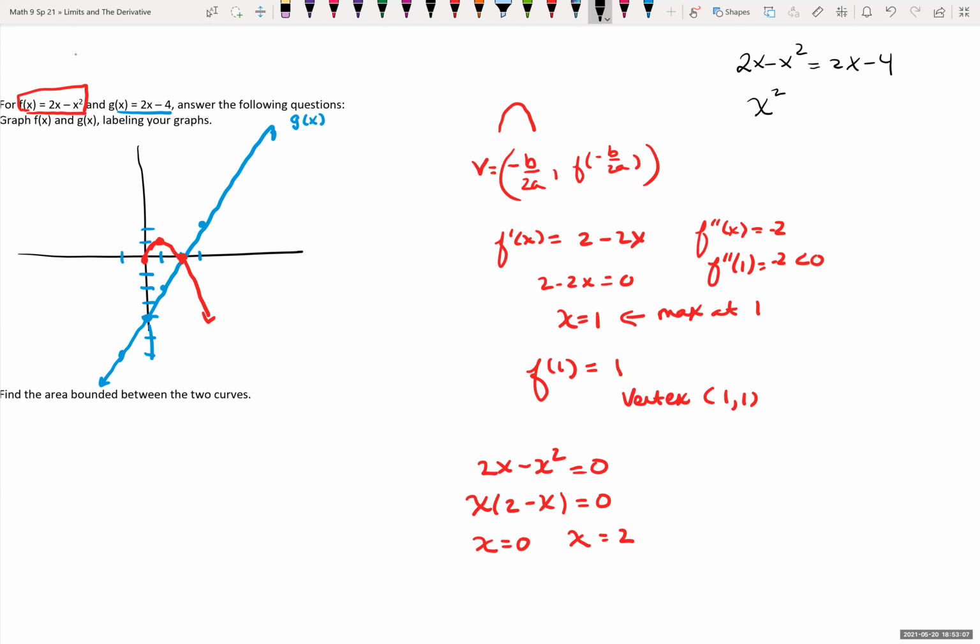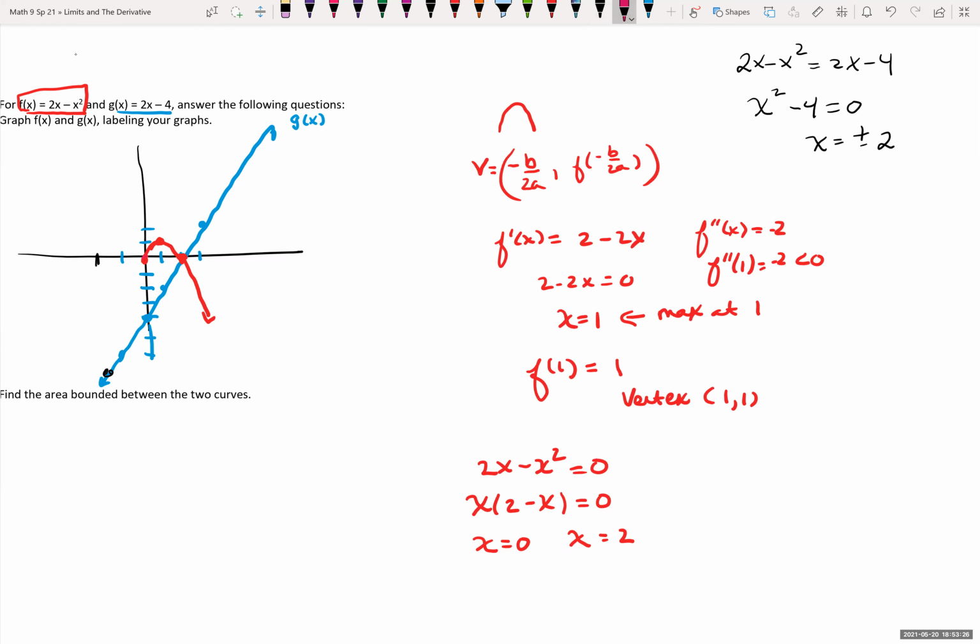But 2x minus 2x cancels, minus 4. When is that 0? That's when x is equal to plus or minus 2. So it's intersecting down here at 2, -2. And we already saw the positive 2 piece. So we're trying to find this area in here.